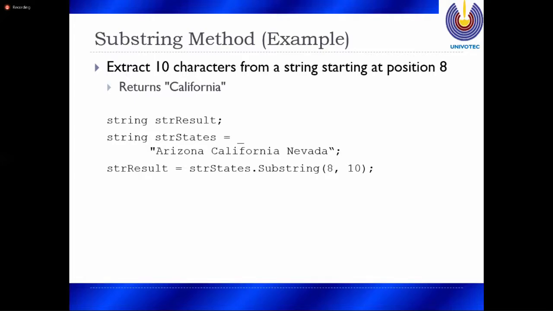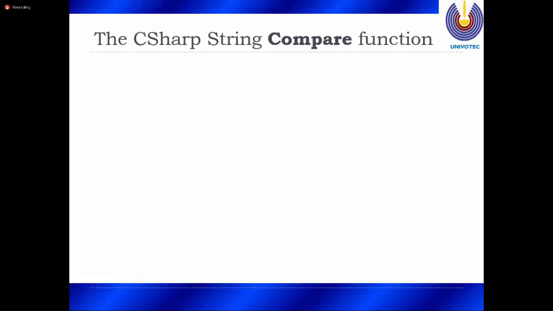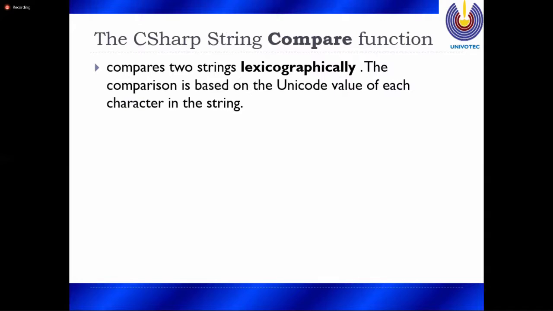Now the C# String Compare function. You can compare one string to another string. This is the way we check to validate your password, whether your password is correct or not. The compare method is lexicographic.